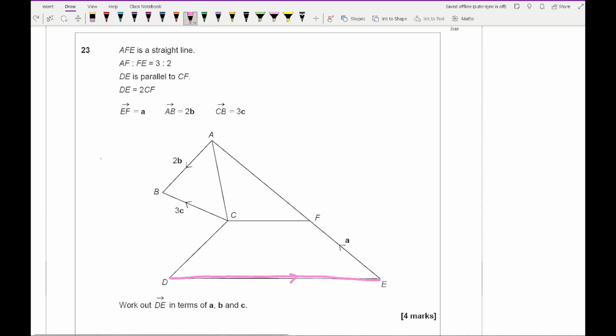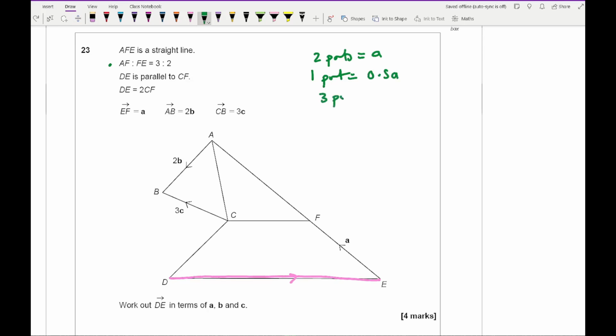So first things first, let's look at what we know. Looking at the first bit of information, if I know that 2 parts equals a, then 1 part is going to equal half of a. So 1 part is going to be 0.5a.